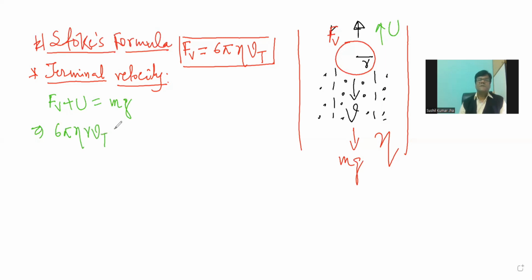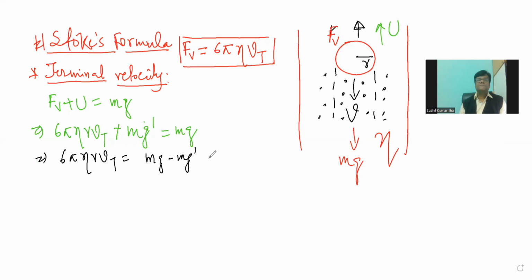Upthrust is equal to the weight of the amount of medium particles displaced by the object. Let's take it as m'g. So 6 pi eta r vt will be mg minus m'g.